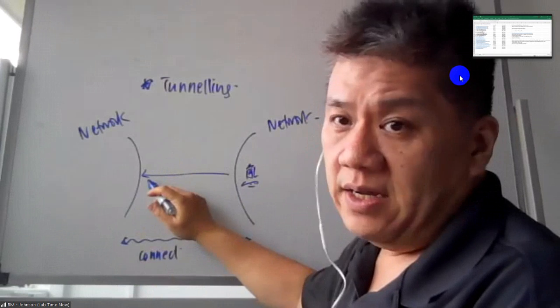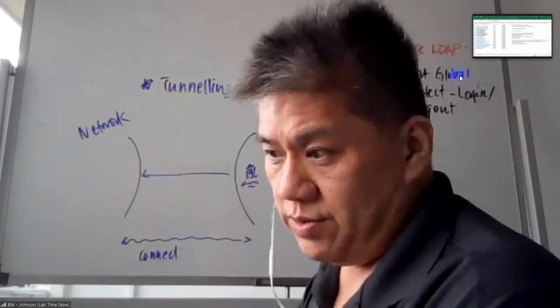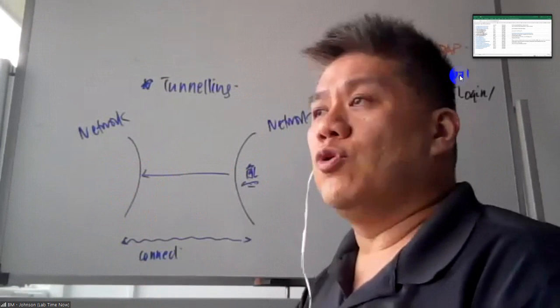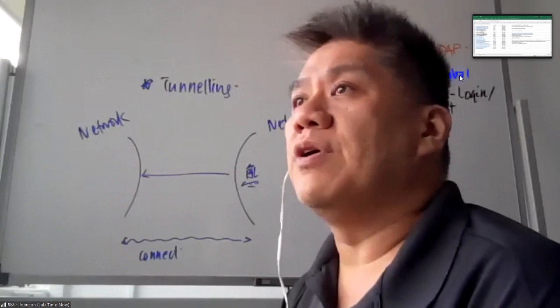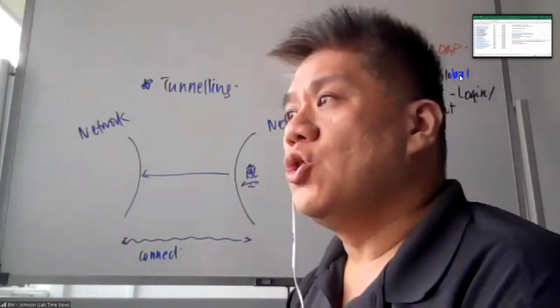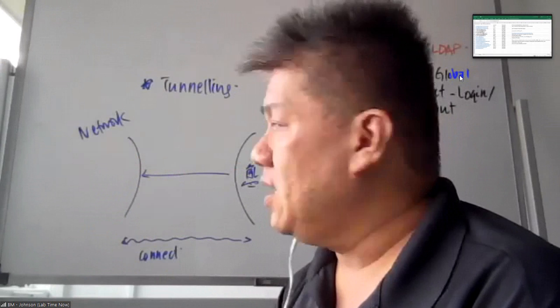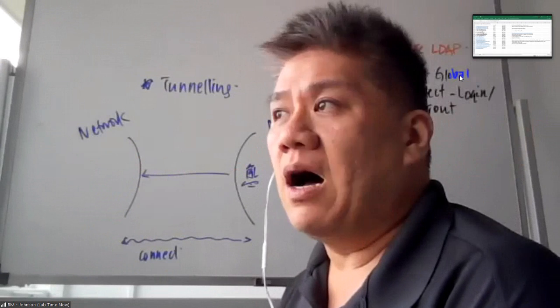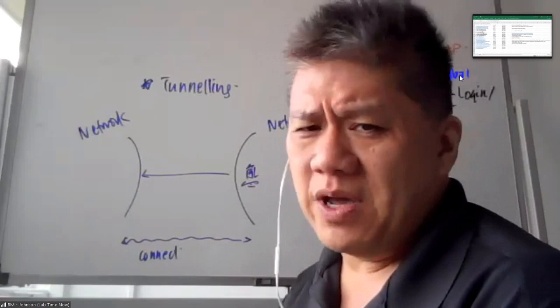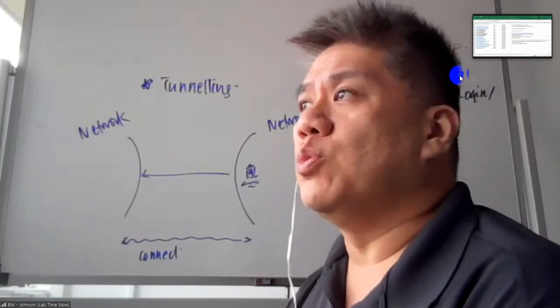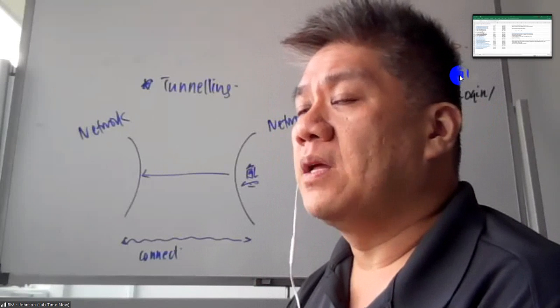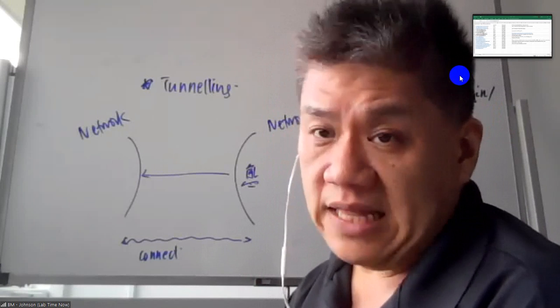Create a gateway here, then do GlobalProtect, everything is good. But if you want to use it for a longer time, and you want more people to connect to it, then you cannot use GlobalProtect. So what you will do is you will then do tunnels.